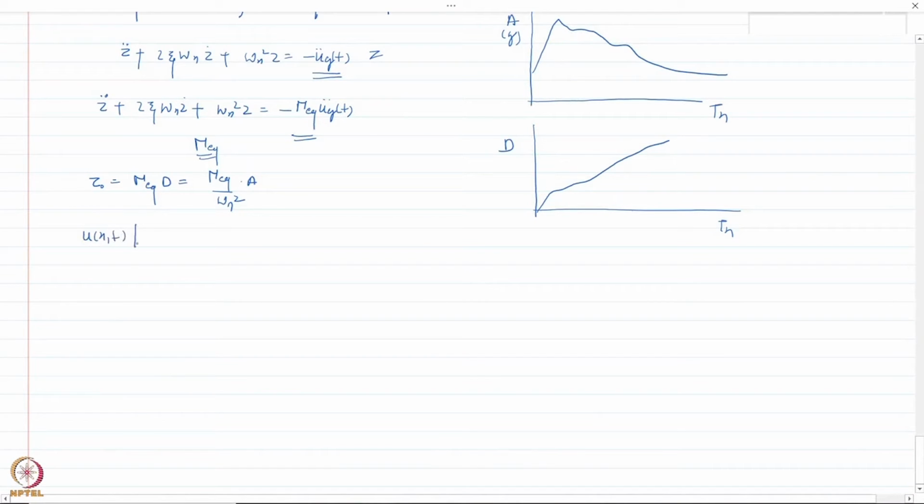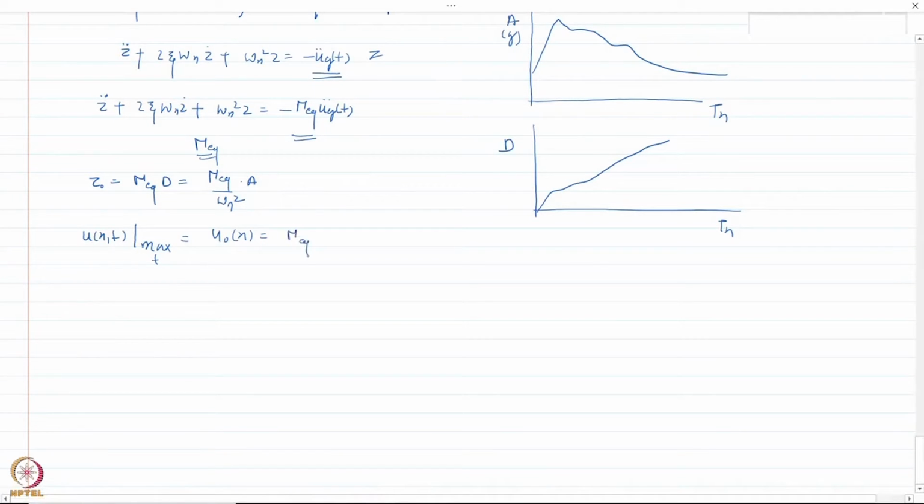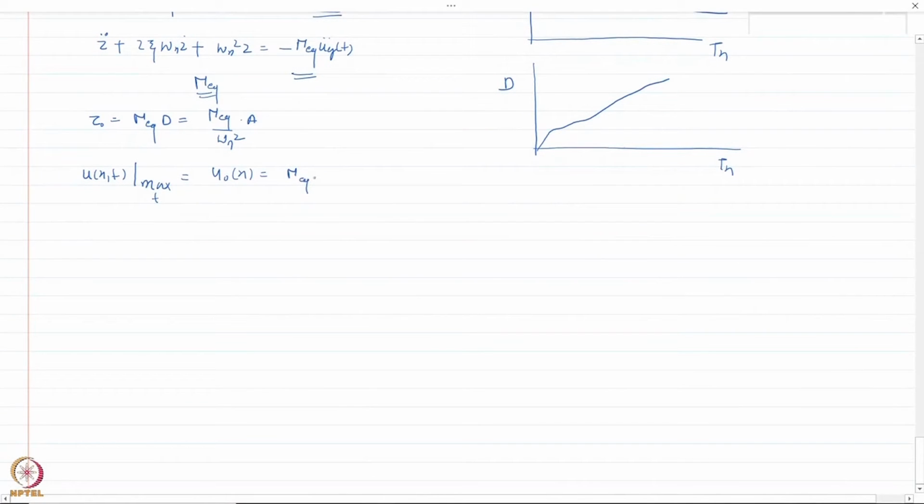ux t. Okay, so you want to get the maximum of this one over time, of course. So this would be ux. Again the peak displacement would be a function of x, because the peak displacement would be different at different locations in the structural element. So this can be written as u naught x equal to gamma equivalent times D times phi x.